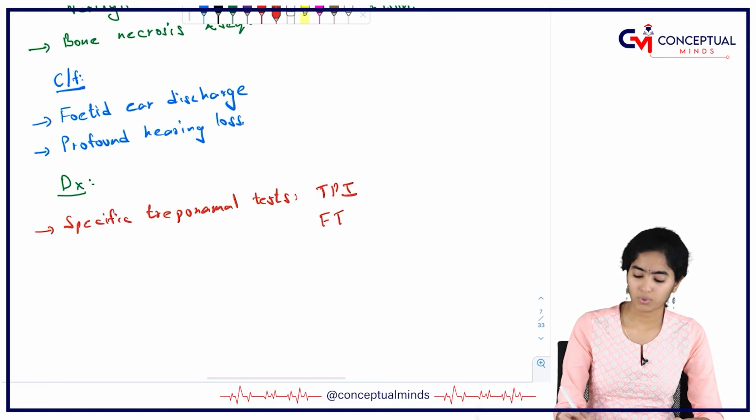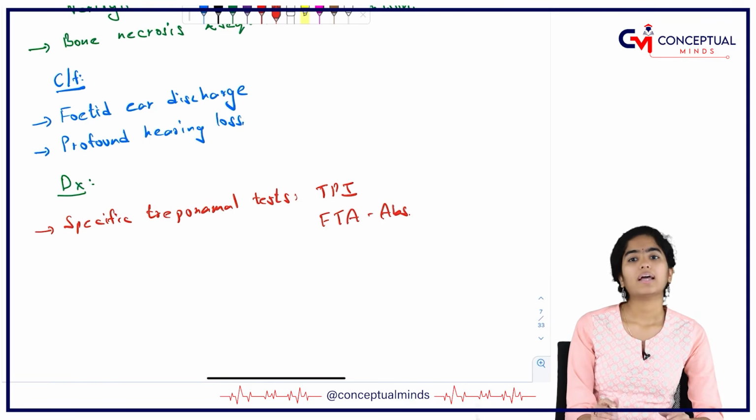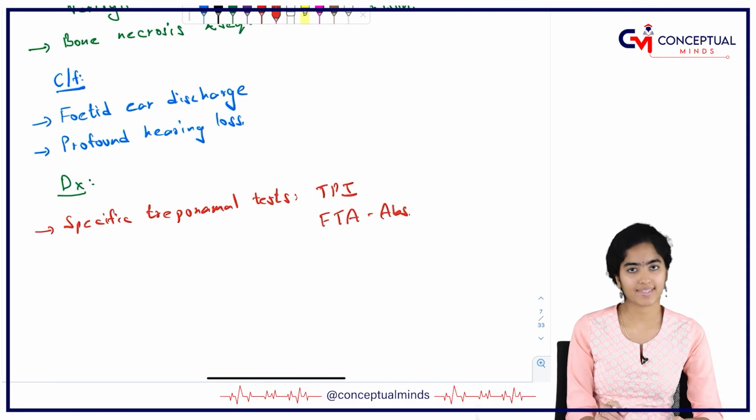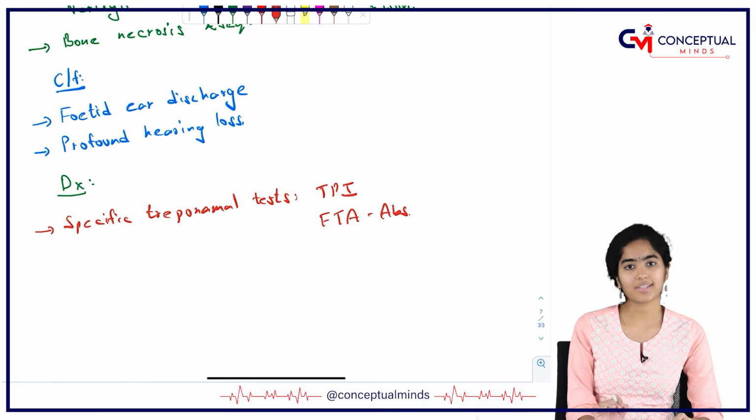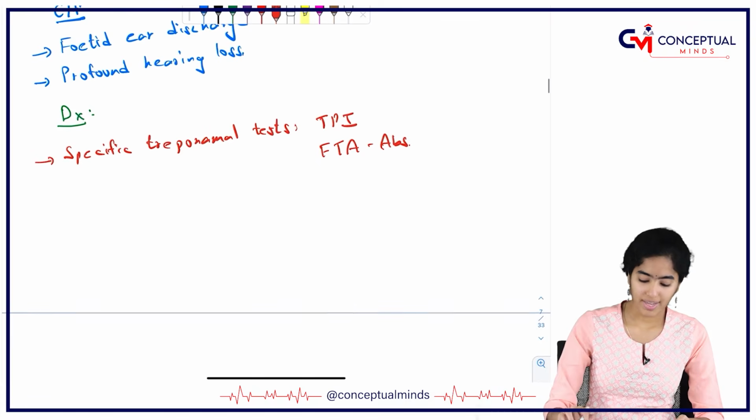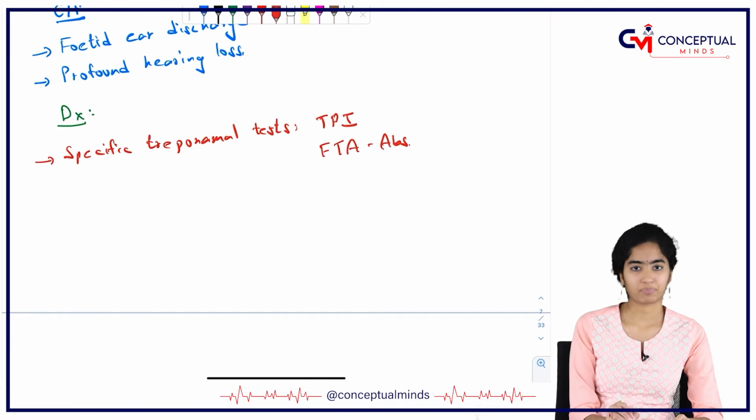Fluorescent treponemal antibody absorption test. These two are specific tests. VDRL and rapid plasma reagin RPR tests are only used for prognosis. They are not specific. For diagnosis, we need to do TPI or FTA-ABS.